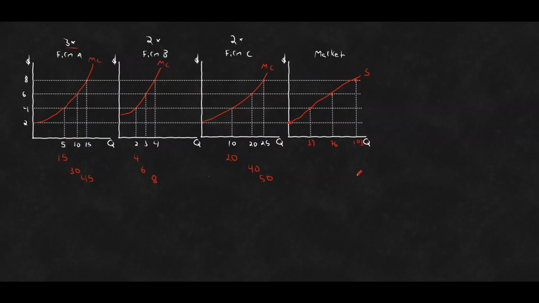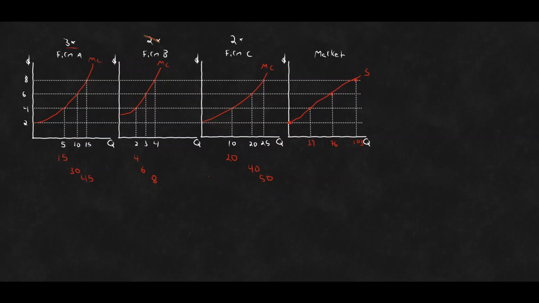Again, just like with our demand curve, all this supply curve is just an aggregation of all the individual actors in this market. If I had more firm type Cs, well, that would be more of those being produced at each price level. That would be the supply curve shifting to the right. I would have higher amounts being supplied at every price level.